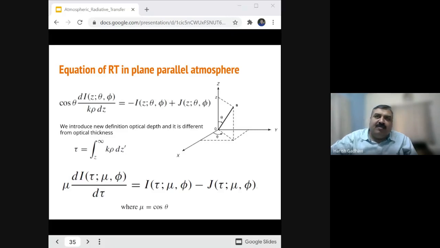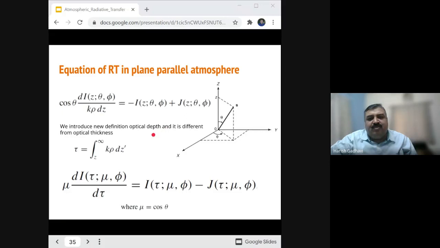Now if you look at this literature and the definitions of the various properties, it calls it optical thickness. It's not actually optical thickness, it is optical depth. I'm telling you this so that you do not get confused. Technically, by definition, optical thickness is in any direction, whereas optical depth is in the direction of z.